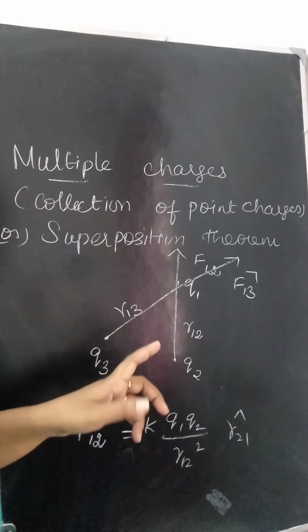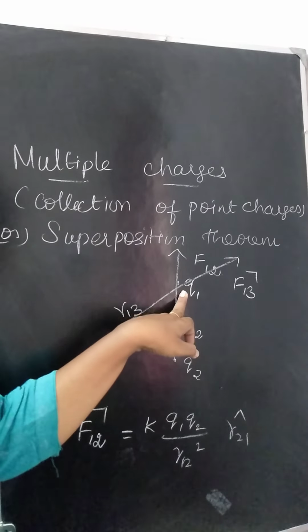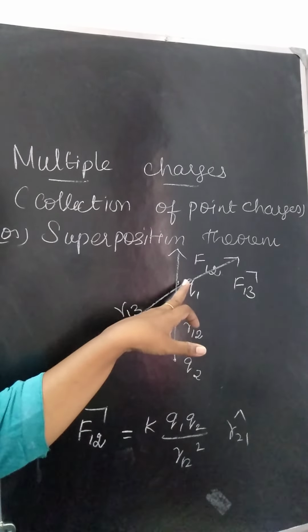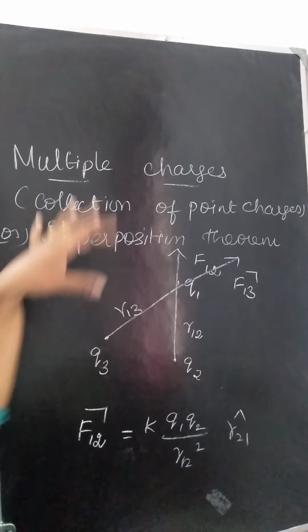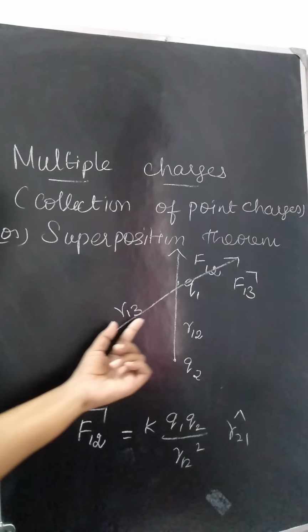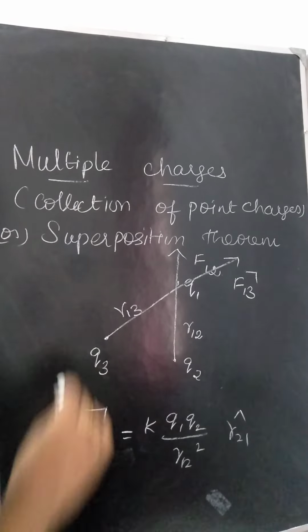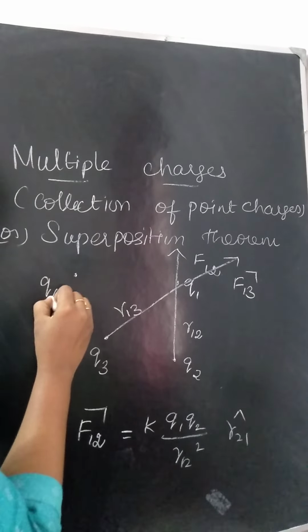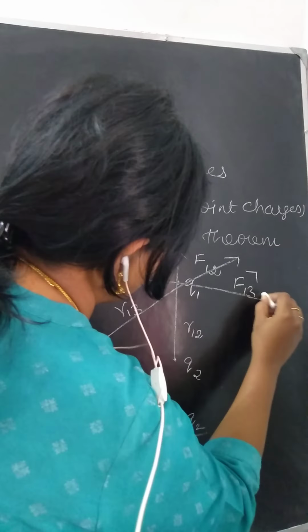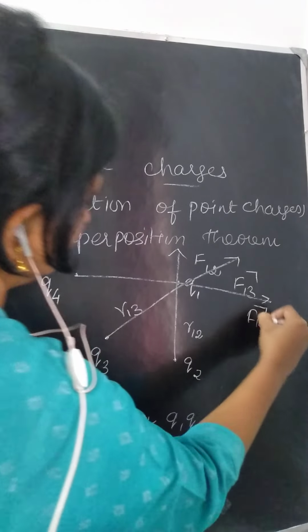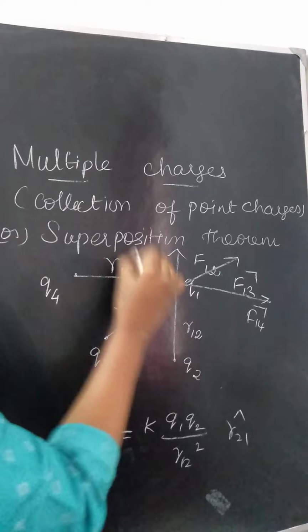Because I am finding the force on Q1. So which charge you are taking, on which all the other forces are acting, you are going to calculate. So taking the distance with respect to 1, here R12, here R13. If I have another charge Q4, then the force acting on Q1 is F14 vector. The distance is taken as R14.